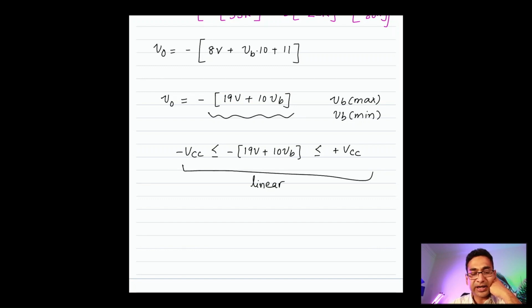That's all there is to it. Whenever they ask you to calculate a range, all you have to do is put the output expression within this inequality. It should lie between the power supply voltages.